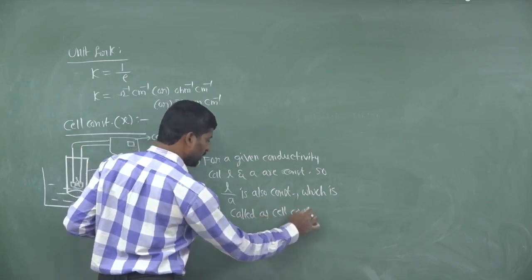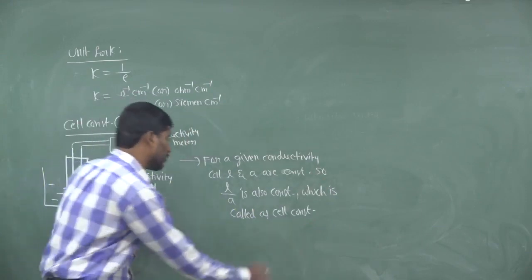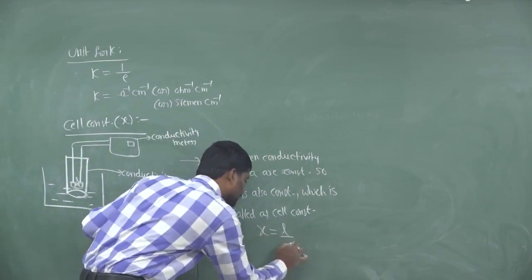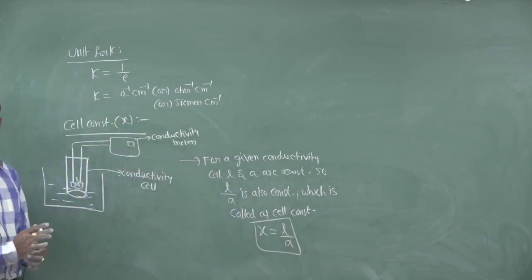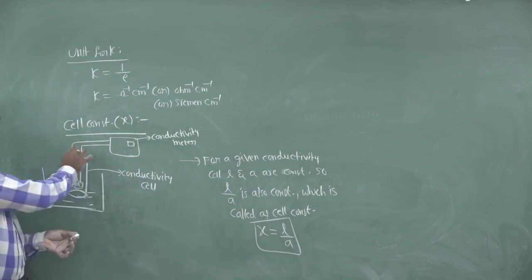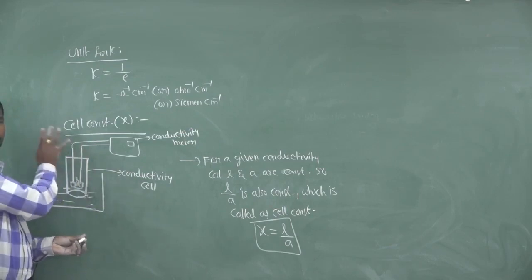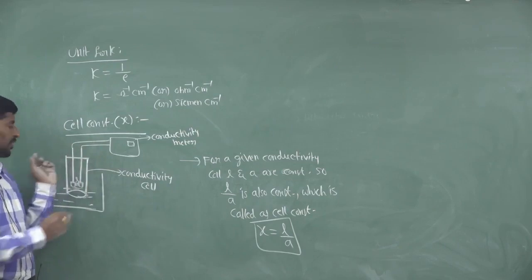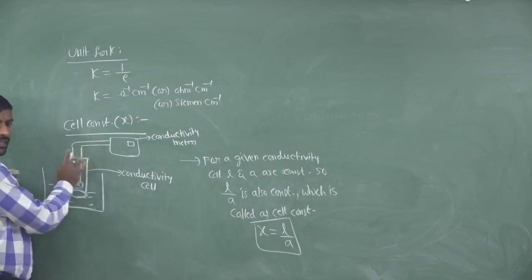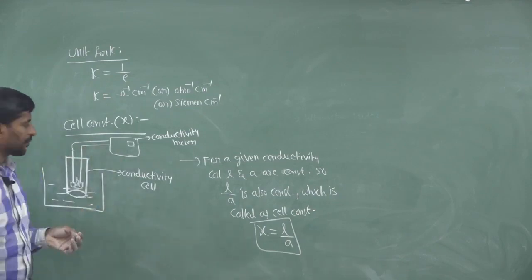It is represented by X. The expression for cell constant is L by A. That value is written on each conductivity cell, and its value is around 1.